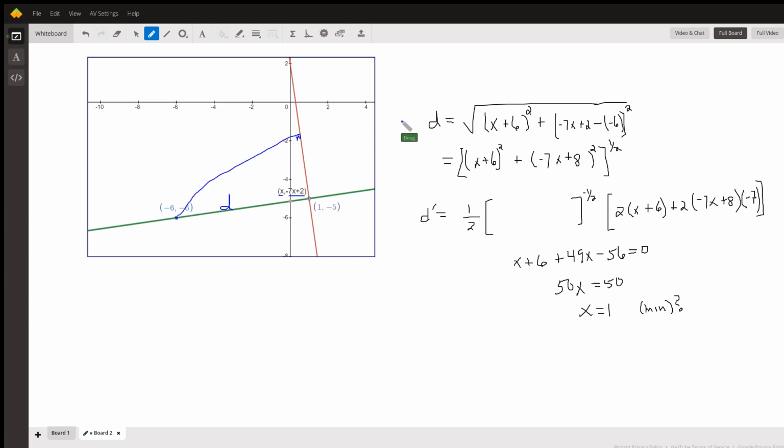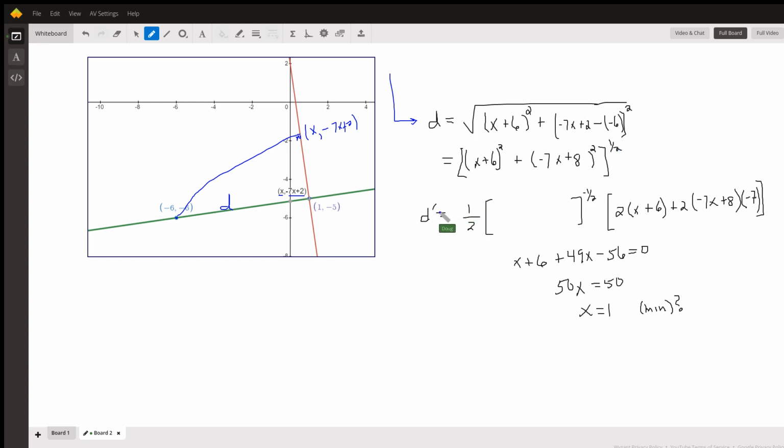This is the distance between those two points, where again, this point is (x, -7x plus 2). So there it is with a rational exponent.